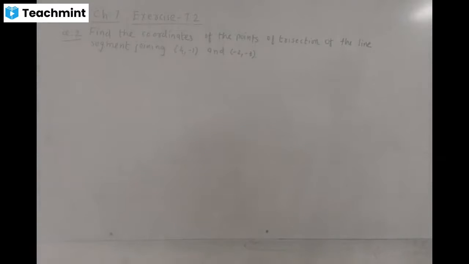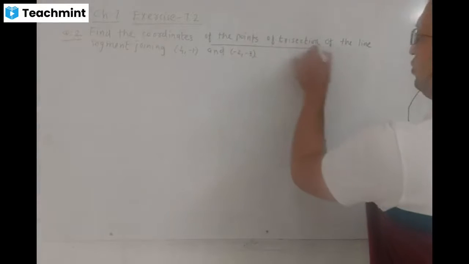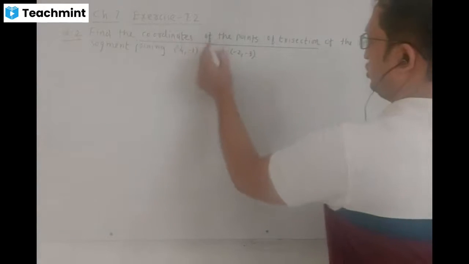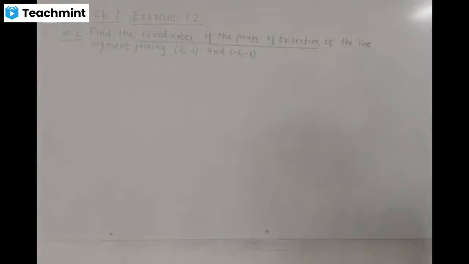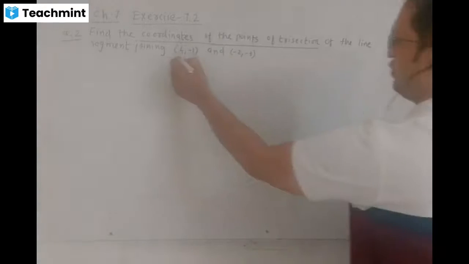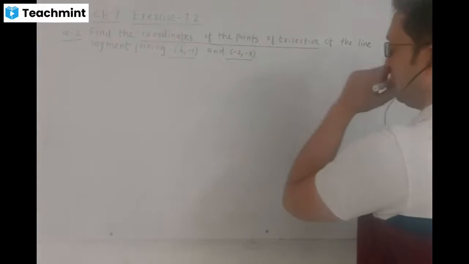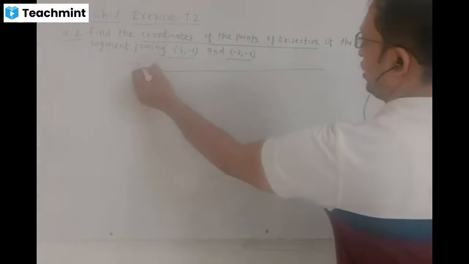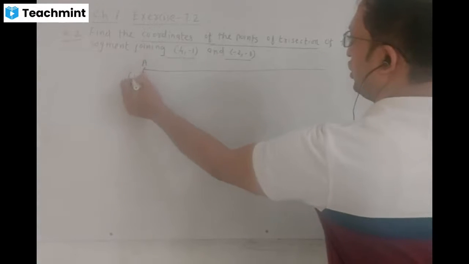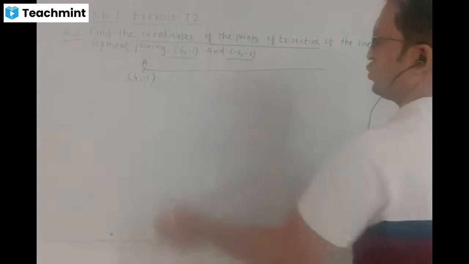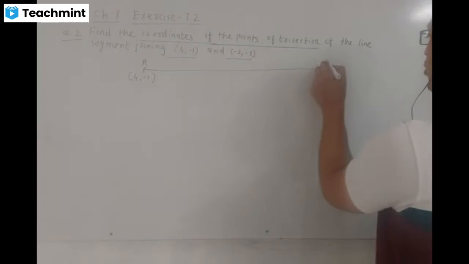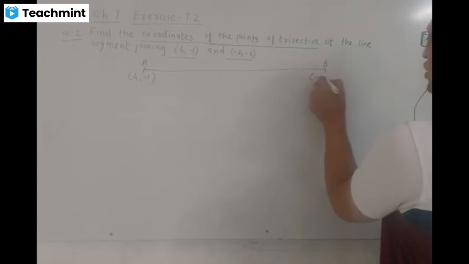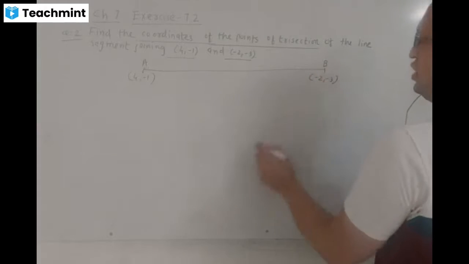Find the coordinates of the points of trisection of the line segment AB, with A (x1, y1) and B (x2, y2). Here the line segment AB has A (x1, y1) that is (4, -1) and B (x2, y2) that is (-2, -3).